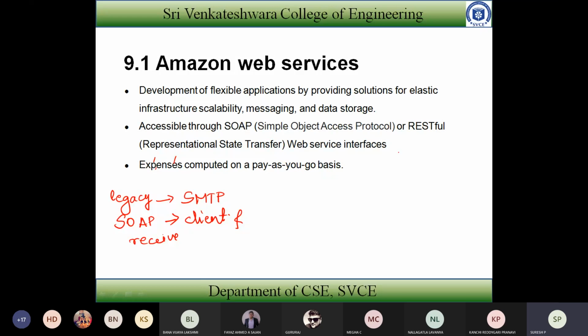REST is an architectural style for providing standards. When you want to exchange information between two computer systems on the web, you use these different standards.